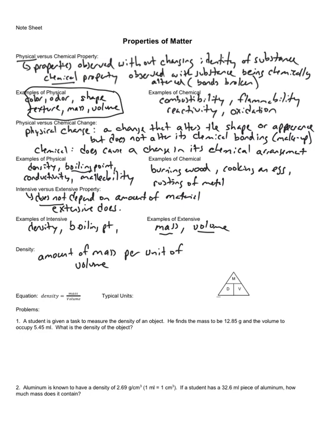Okay, but things like density, boiling point, freezing point, those are all types of intensive properties that can help us identify what the material is. Water always has a density of 1 gram per milliliter. So 1 milliliter always weighs 1 gram. It always boils at 100 degrees Celsius. It always freezes at 0 degrees Celsius. Those are intensive properties.